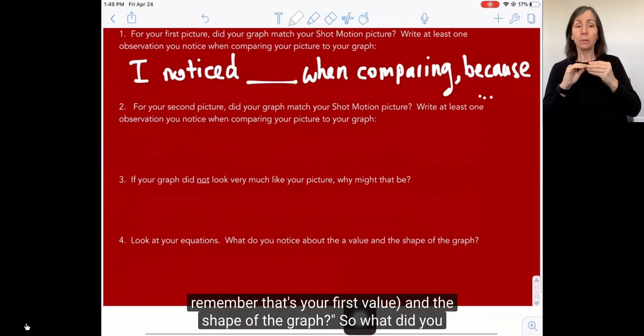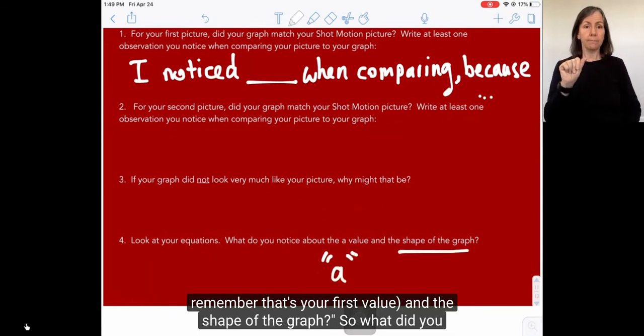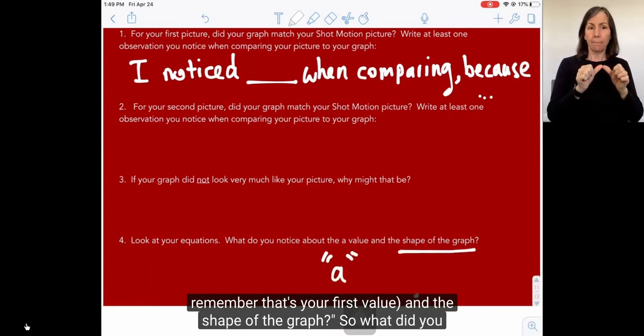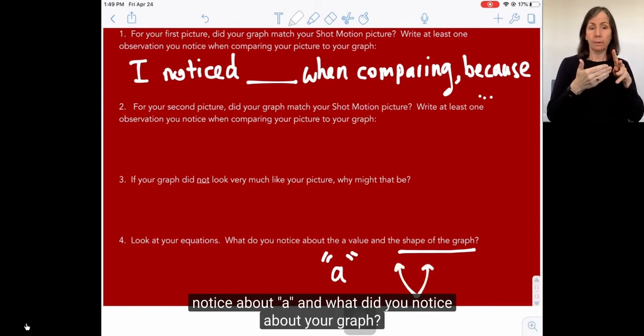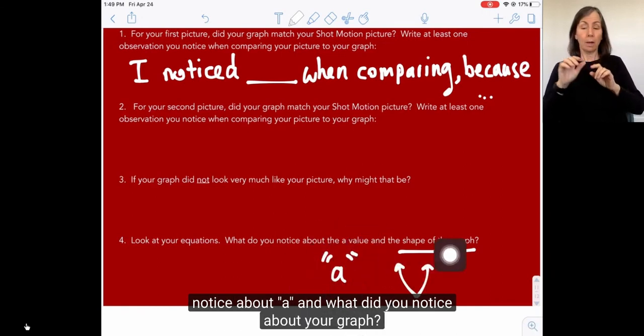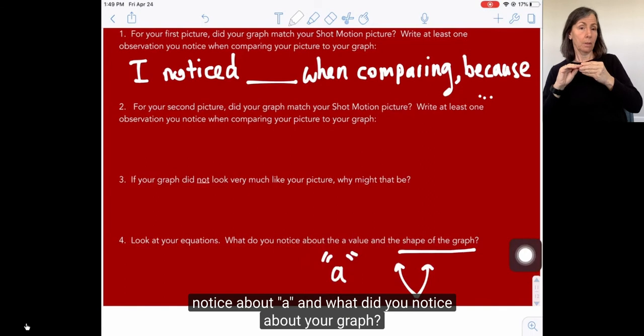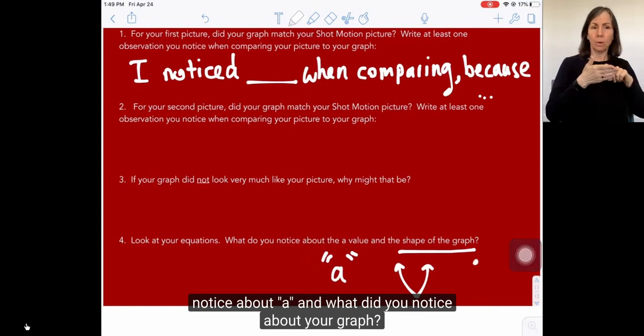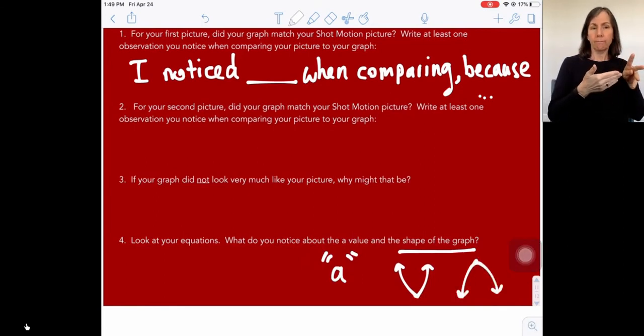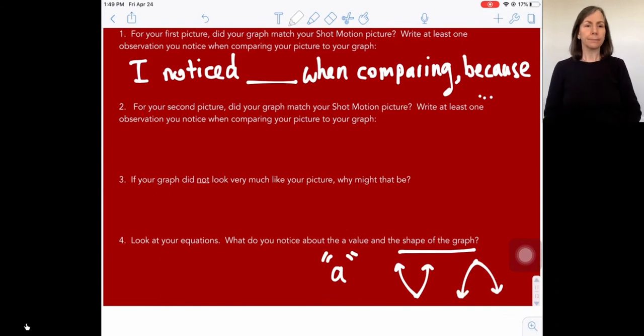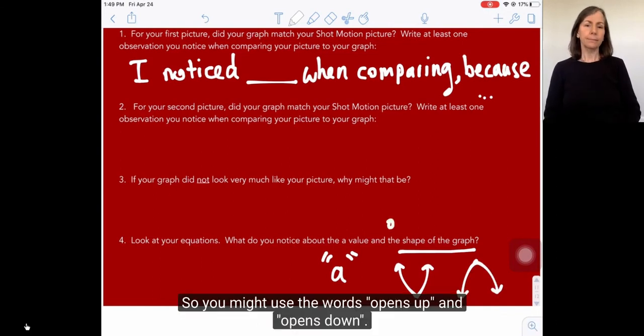So remember that's your first value. And the shape of the graph. So what did you notice about A? And what did you notice about your graph? So you might use the words opens up and opens down.